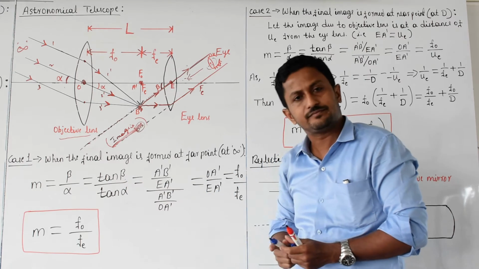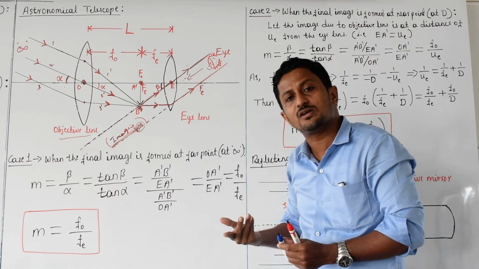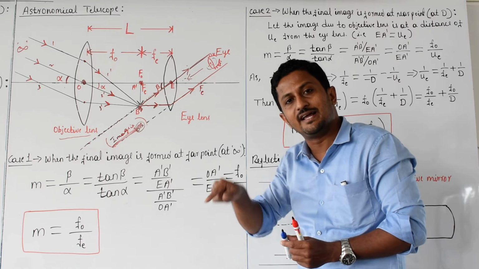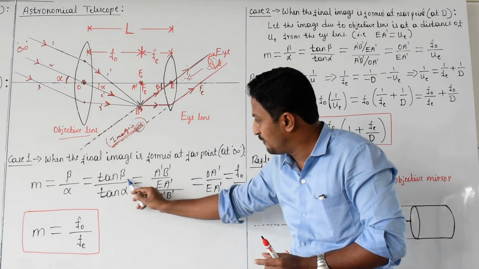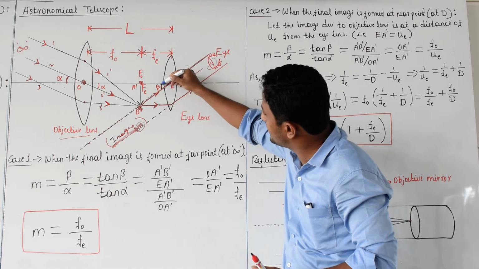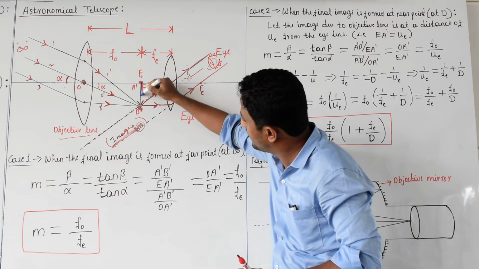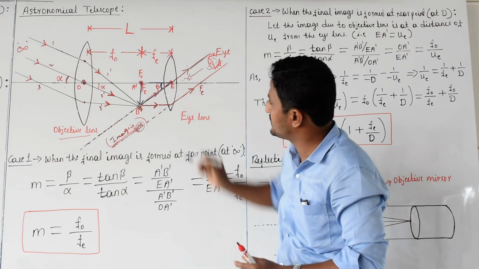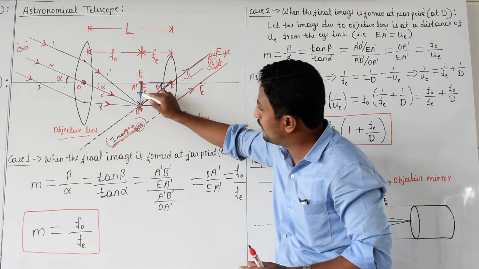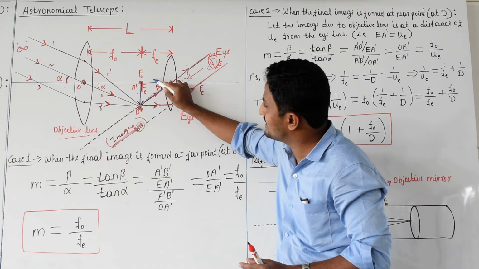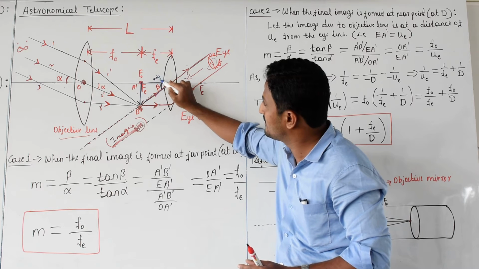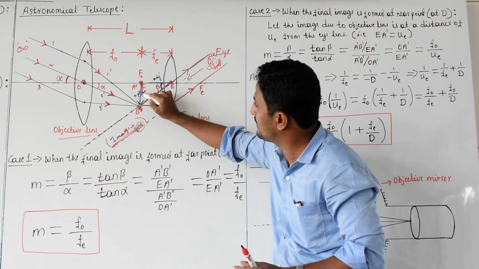Tan beta means what? Tan function is opposite by adjacent. Tan of beta angle. For this right angle triangle, you apply the tan function. Tan beta is opposite by adjacent. This is adjacent, this is opposite.